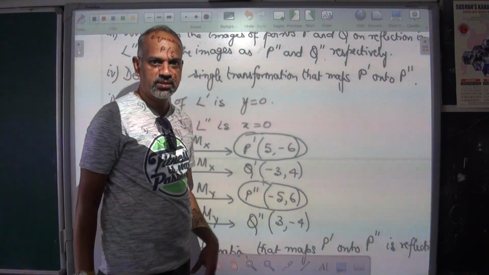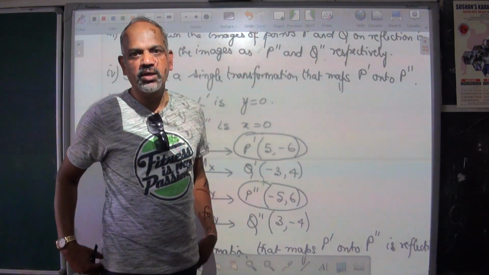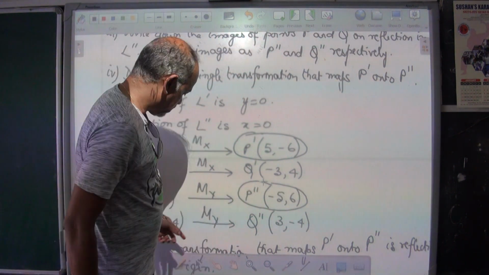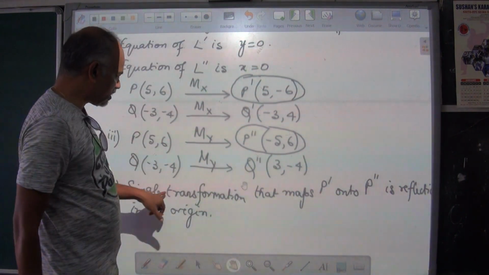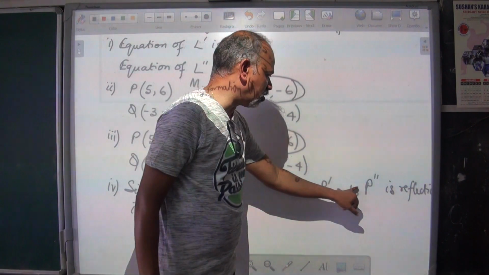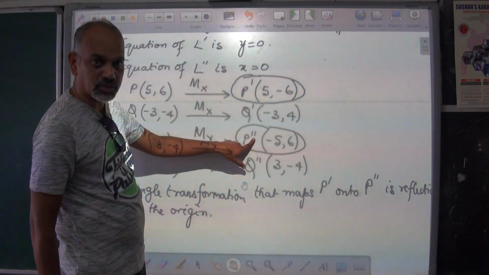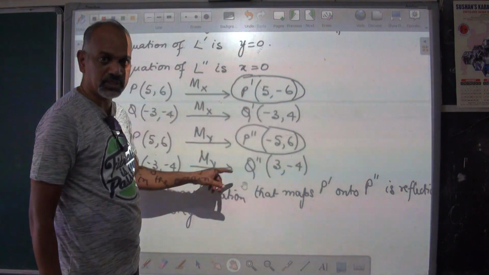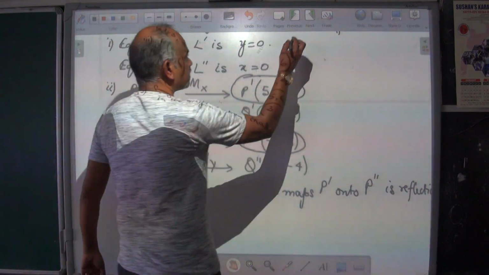Both signs have changed. Now, when do both signs change? When you reflect any point in the origin. So the single transformation that maps P dash onto P double dash is reflection in the origin. This changes to this. Both signs have changed, which means you reflected in the origin. That's the last part. Next.